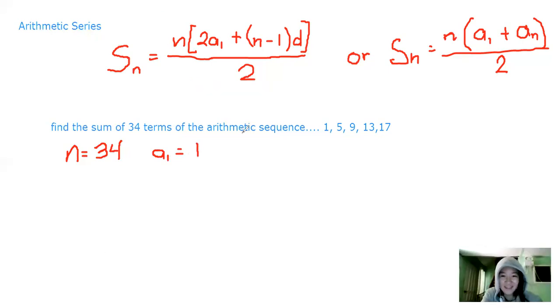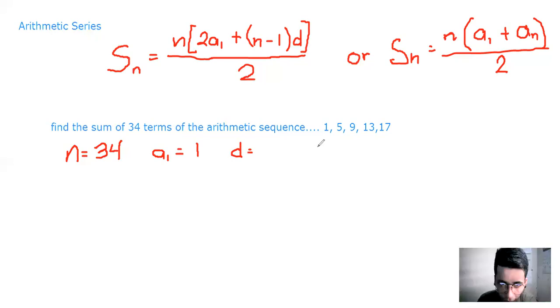Okay. First term natin is 1, then yung common difference, what is our common difference? 4. Yung nag-check ako last time, nalito sila sa common difference kasi yung iba, imbis na positive yung sagot, nagiging negative 4.